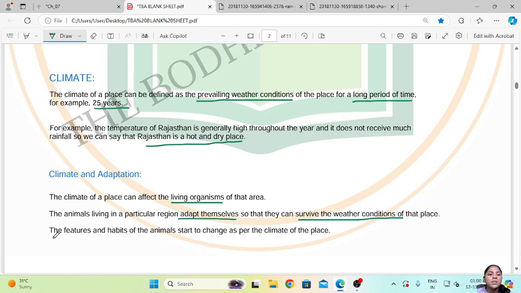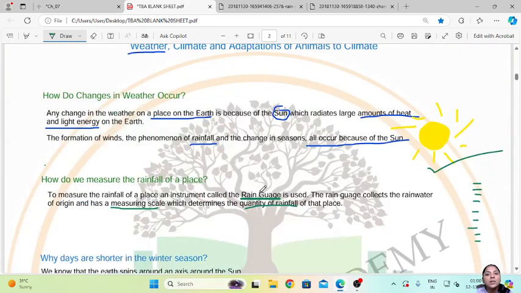The features and the habits of animals start to change as per the climate of the place. What are these different changes and habits which the animals adopt to adapt to the various climate and weather? We will learn in the next class.